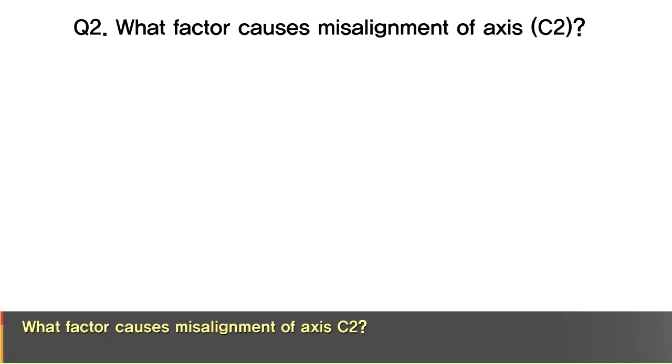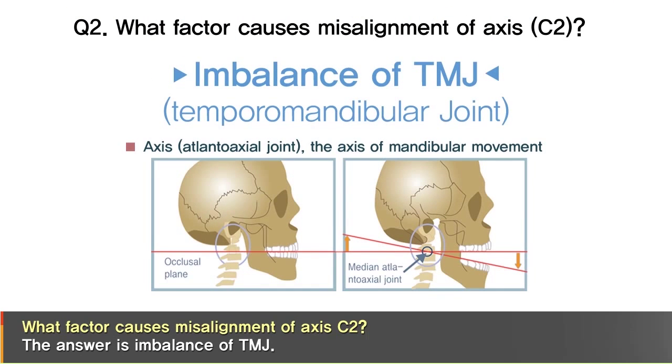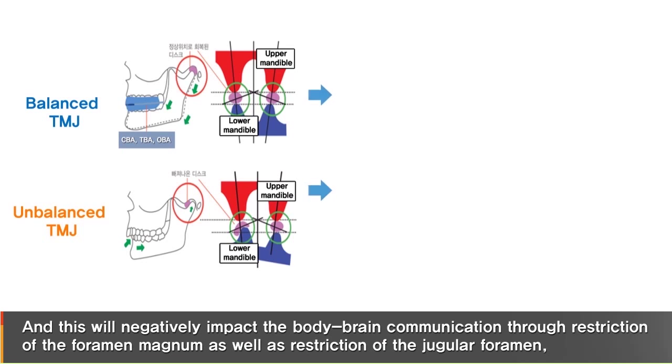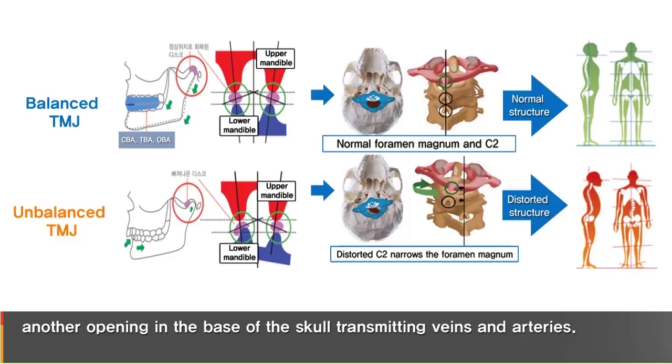What factor causes misalignment of the axis C2? The answer is imbalance of the TMJ. Once C2 is distorted due to the TMJ imbalance, the entire structure will follow and distort. This negatively impacts brain-body communication through restriction of the foramen magnum, as well as restriction of the jugular foramen, another opening in the base of the skull transmitting veins and arteries.